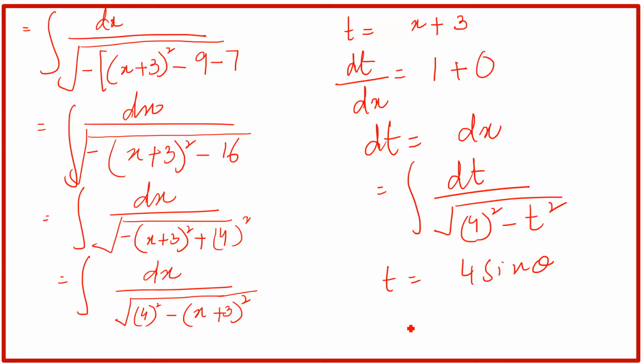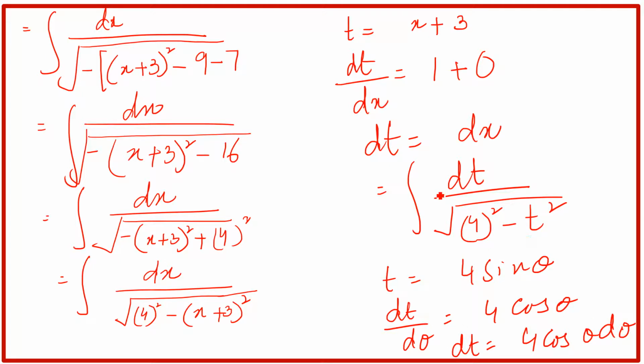t is equal to 4 sine theta. So dt over d theta is equal to 4 cos theta, or if we separate the variables, dt is equal to 4 cos theta d theta. Instead of this dt, I can write down 4 cos theta d theta, and instead of this t, 4 sine square theta.